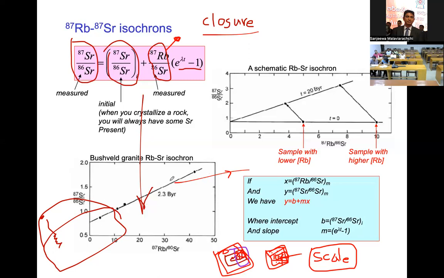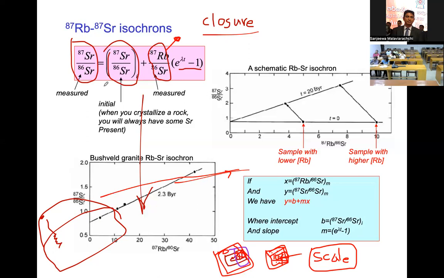We can analyze some rocks, and then we can heat those rocks exceeding the closure temperature, and then you can plot in the same diagram and see the isochrone will be different, right? Because of resetting, we call it resetting of the system, right?